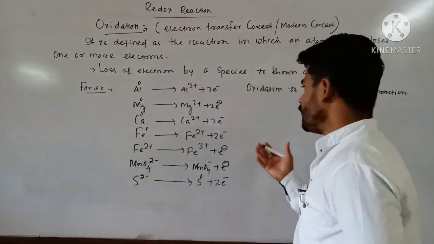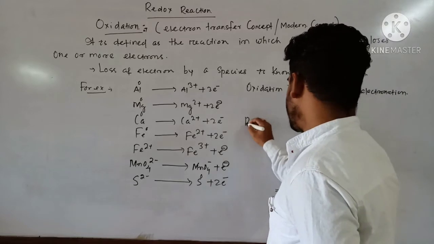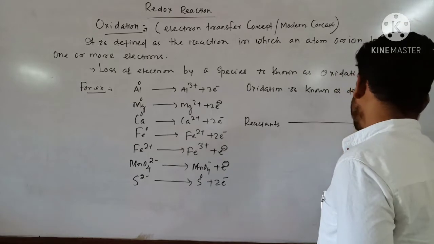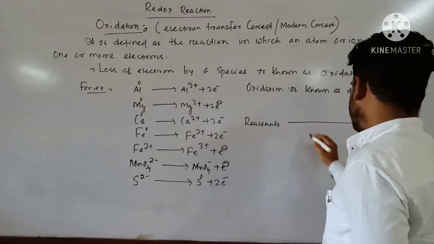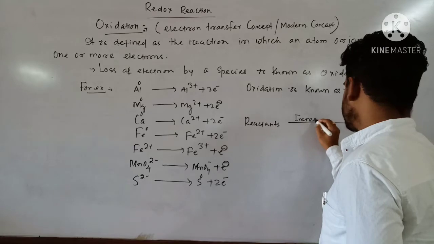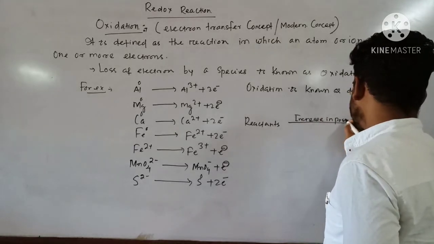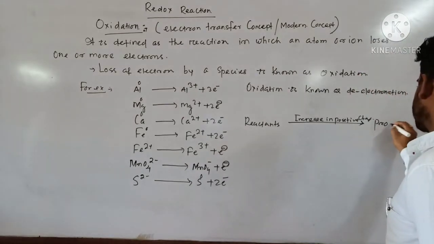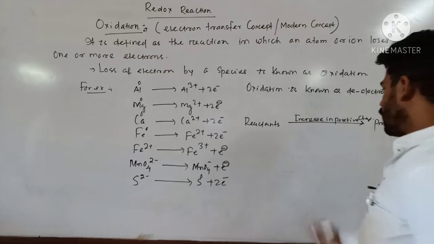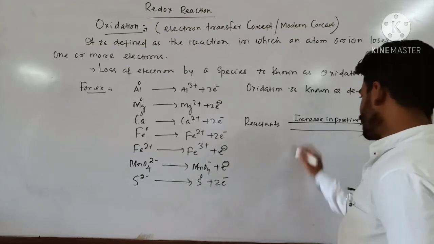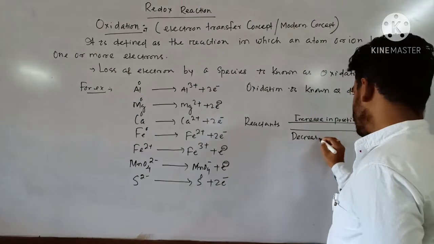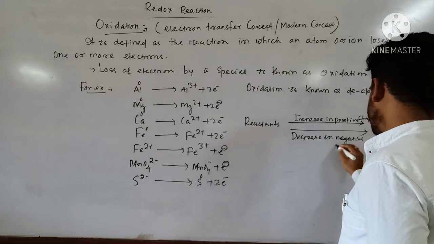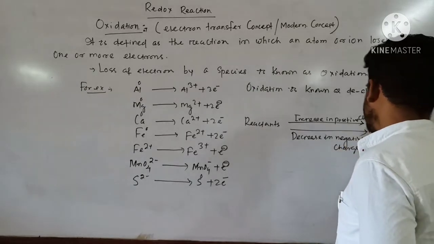So oxidation can be defined in another way: reactants giving rise to products with an increase in positive charge, or you can say a decrease in negative charge, is also known as oxidation.